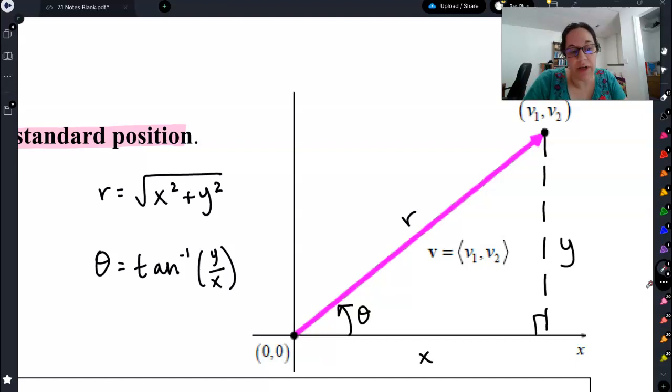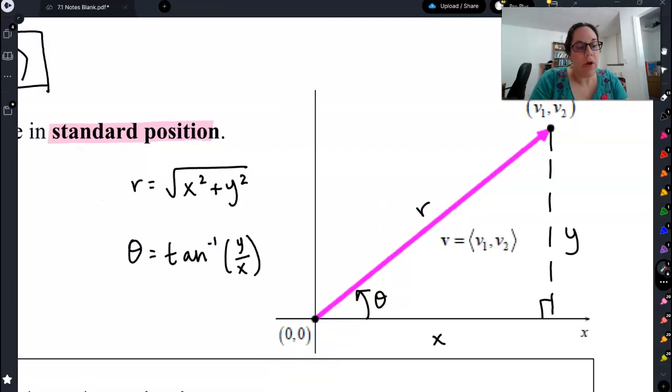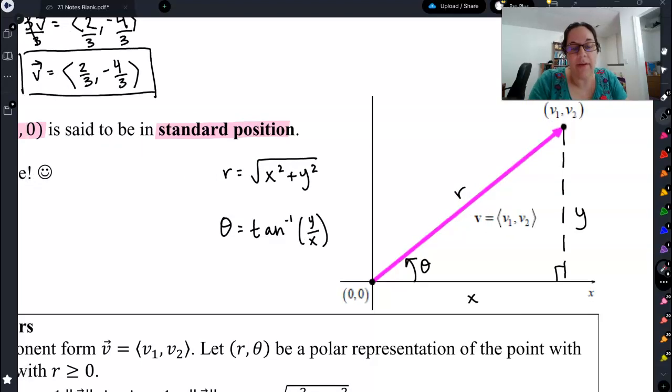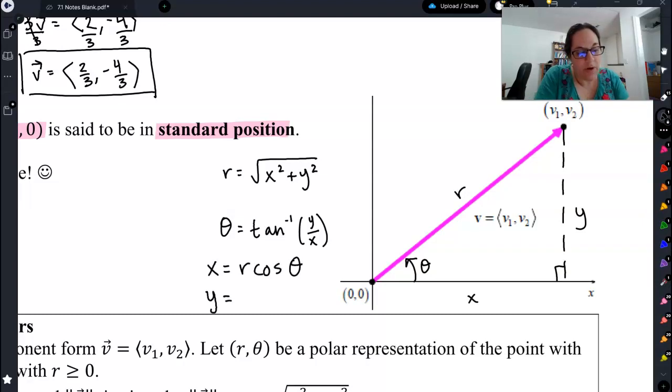This is still trigonometry, where we're finding the magnitude, which is r, and the direction, which is theta. We can also then write our component form using some other very familiar looking equations, where the x component is r cosine theta and the y component is r sine theta.